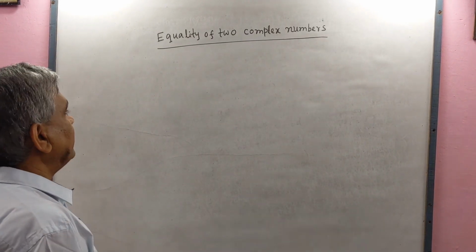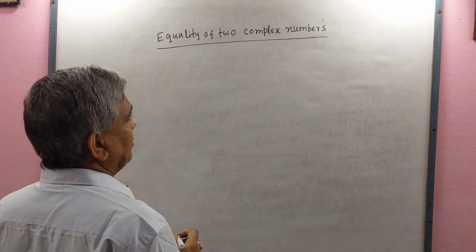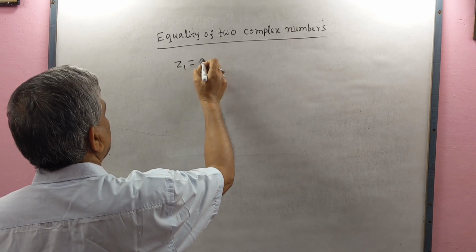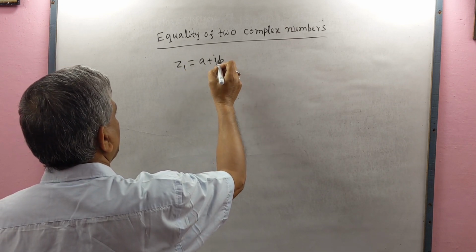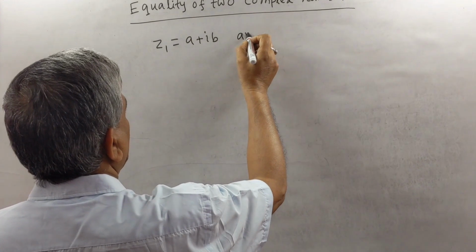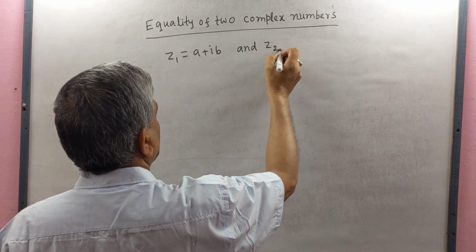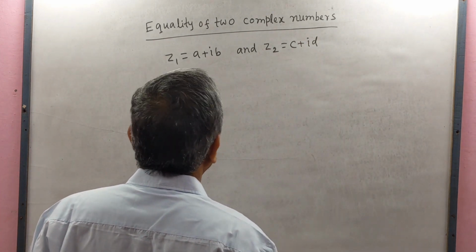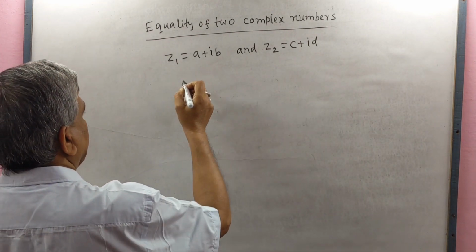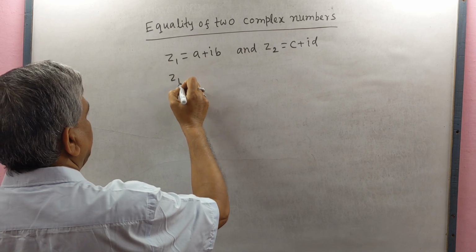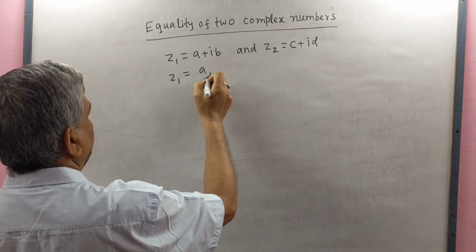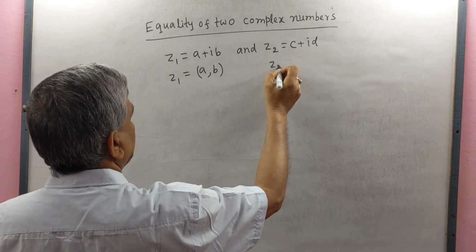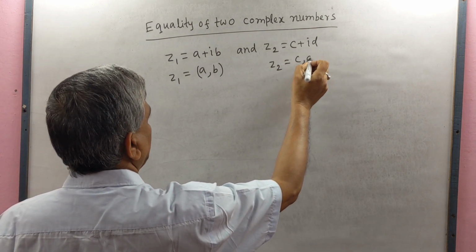Now we shall define the equality of two complex numbers. Let z1 equal to a plus ib and z2 equal to c plus id be two complex numbers. In terms of ordered pair, we may write z1 equal to (a, b) and z2 equal to (c, d).